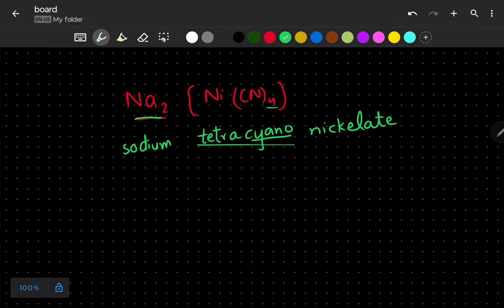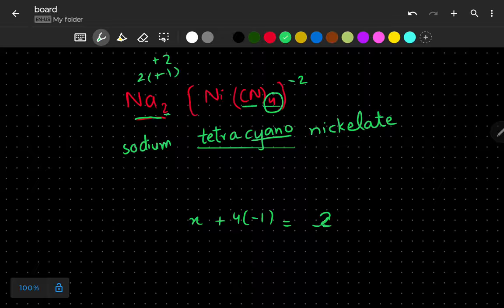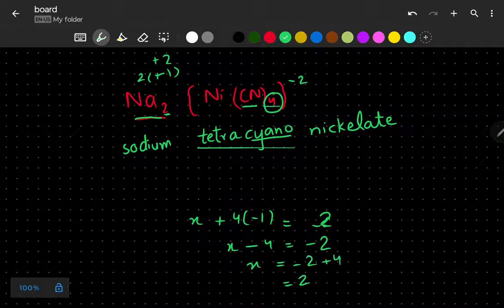Now calculate the oxidation state. Sodium is +1 and there are 2, so 2 into +1 plus the complex is -2. So -2 is equal to nickel X plus 4 into -1 for cyano. This gives us X minus 4 is equal to -2. X is equal to -2 plus 4. This gives us 2. So this is named as sodium tetracyanonickelate(II).